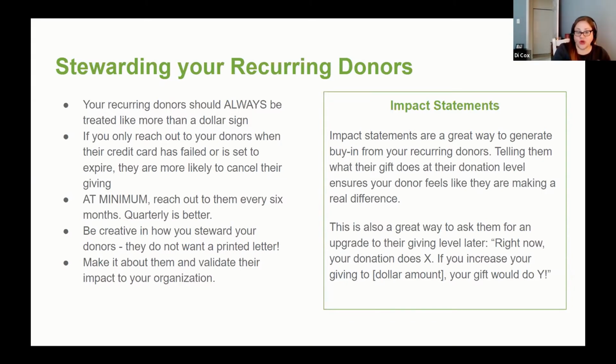All of your donors should be treated as more than just a dollar sign, but since you will be sending fewer acknowledgement letters and not sending out appeal letters, and mostly you're just sending an annual acknowledgement letter and receipt, there's more of a chance that your recurring donors will not hear from you until you have to call them for either a request for an upgrade in their giving, or if their credit card expires. You do not want the first time that they've heard from you to be to get your credit card redone. That's treating them like a dollar sign.